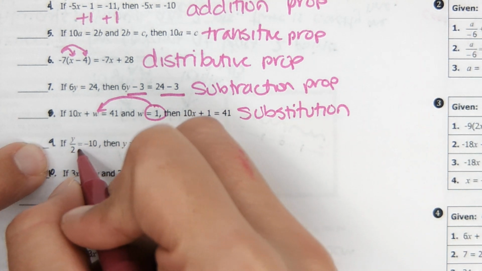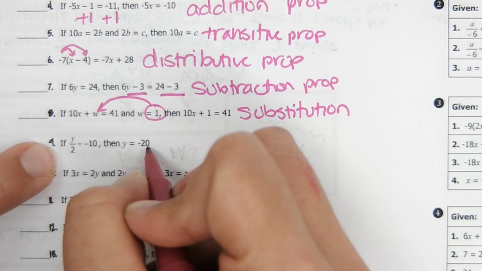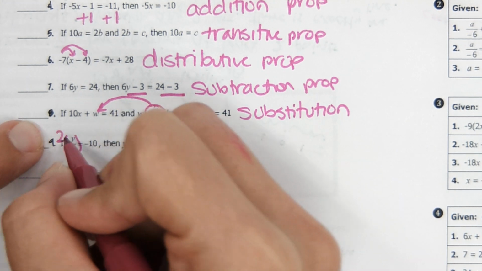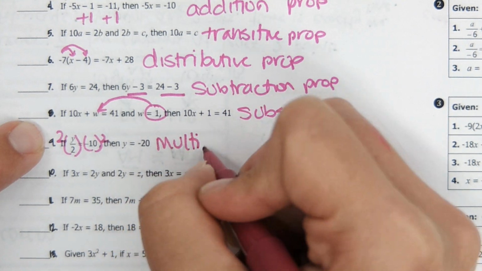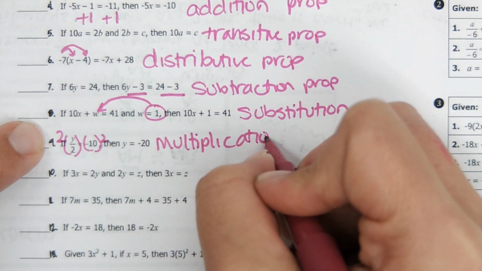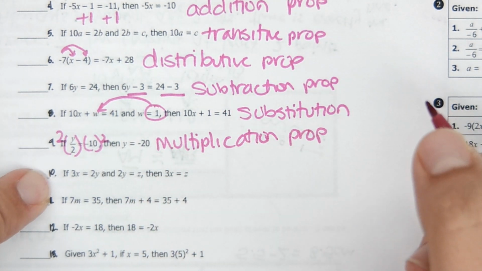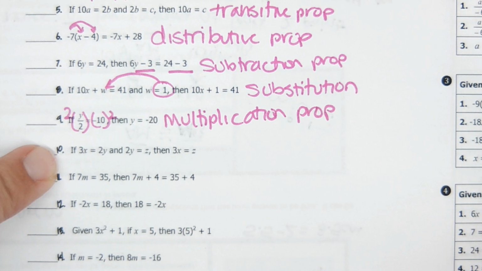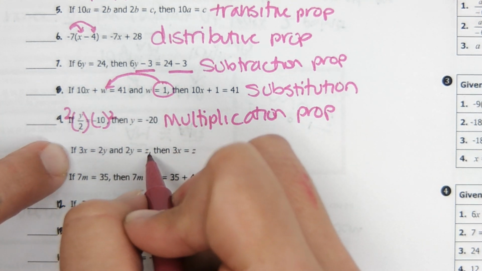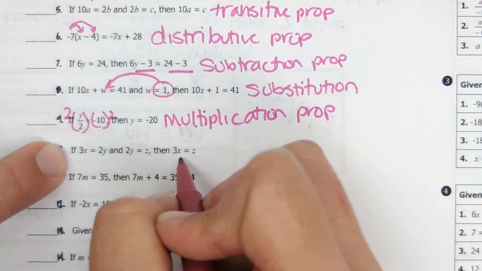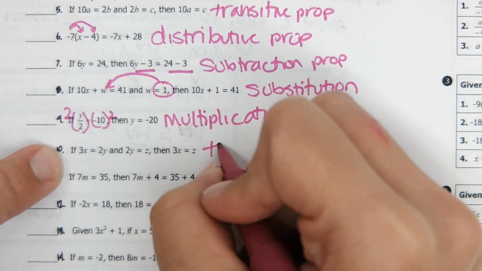Number 9, to go from here to y equals negative 20, they're multiplying both sides by 2. So that is multiplication property. Number 10, 3x equals 2y and 2y equals z, then 3x must equal z. That is transitive property.